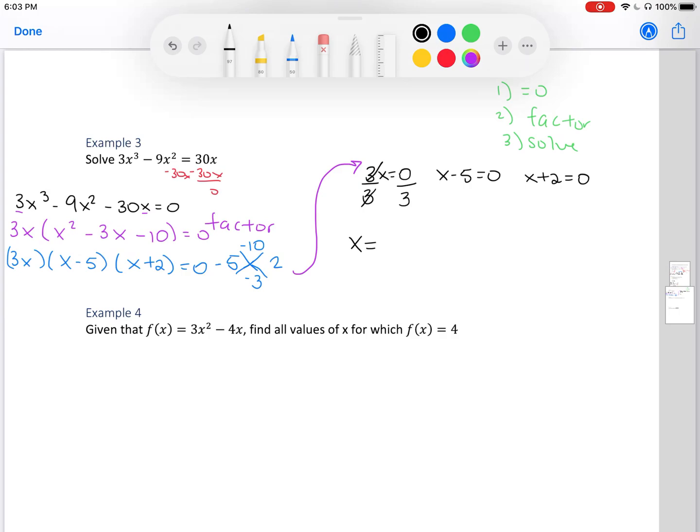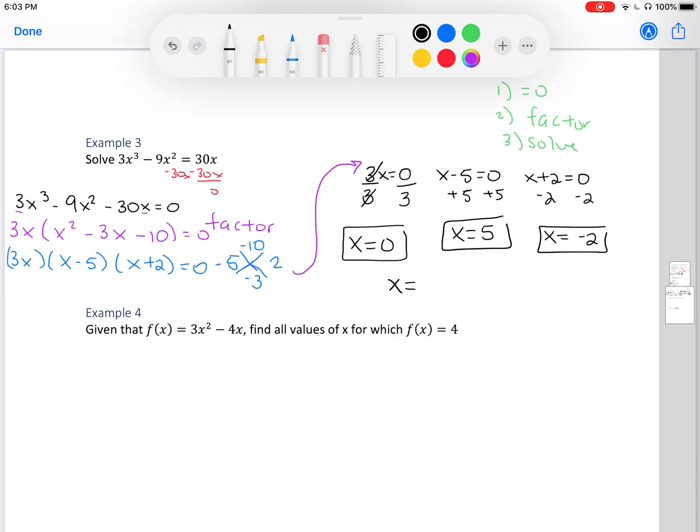We're left with x is equal to 0, x is equal to 5, and x is equal to negative 2. So you can write them like that separately, or you can write them as one single line of answer. So our answer is 0, 5, and negative 2. Both are fine.